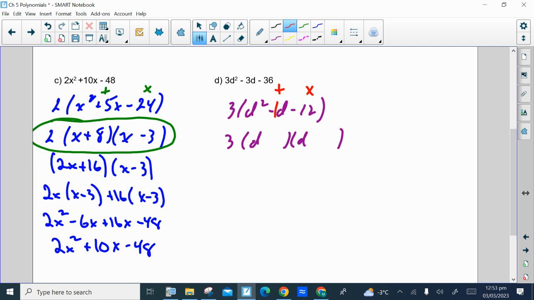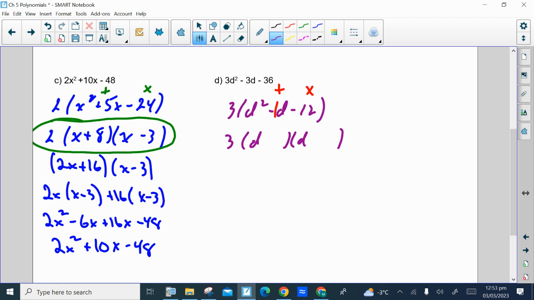That negative d is negative 1d. Where did I get the 12? By dividing all the terms by 3. That's our common factor. 36 divided by 3 is 12. So 2 numbers that multiply to get negative 12 and add to get negative 1.